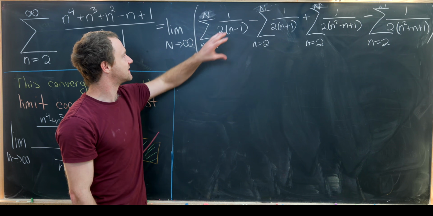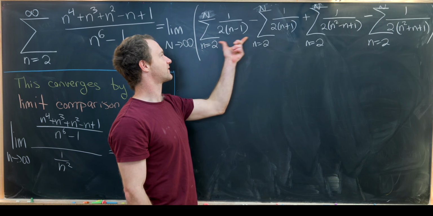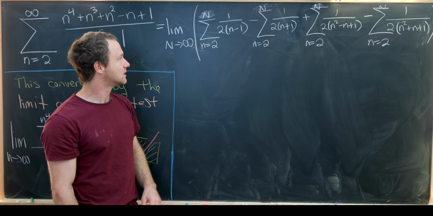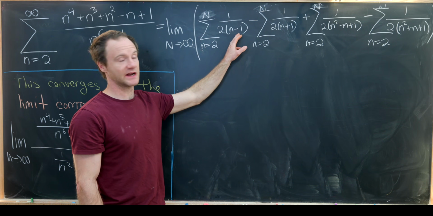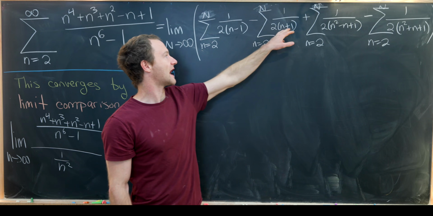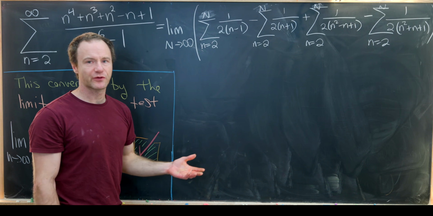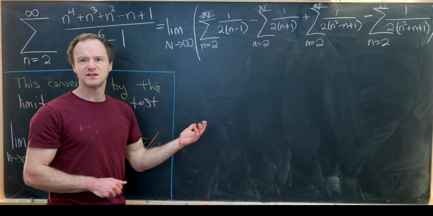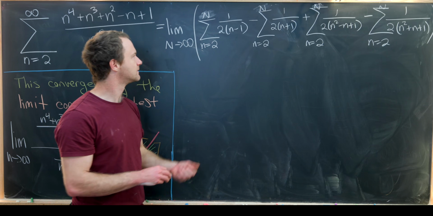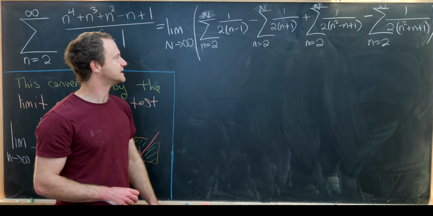But now let's look at this sum versus this sum, the first versus the second. Notice they're offset a little bit. Here we have 1 over n minus 1, and here we have n plus 1. So with some re-indexing, we can turn one of those into the other, and that's exactly what we'll do here. So what re-indexing should we do?